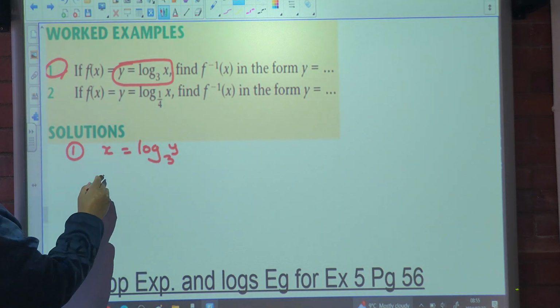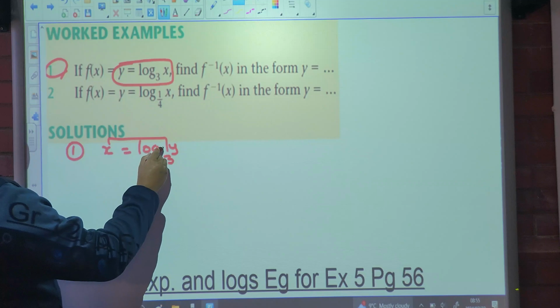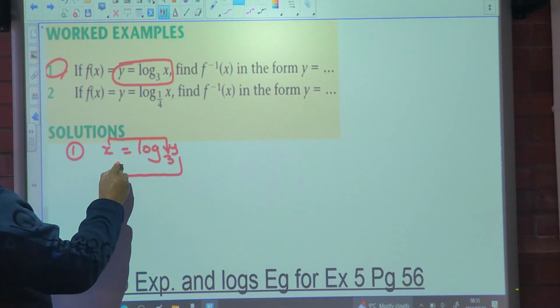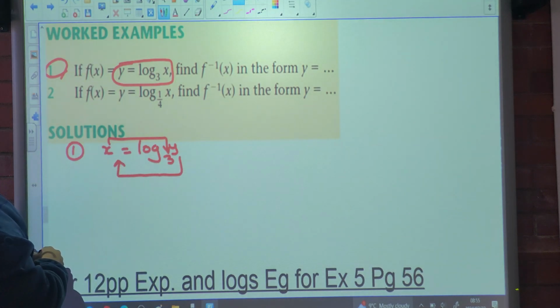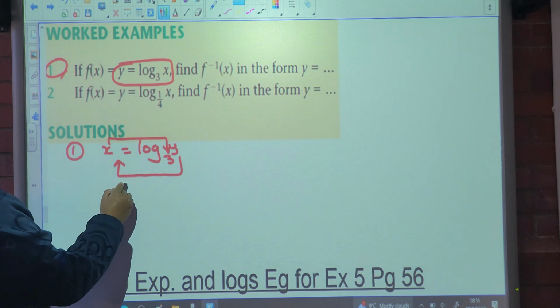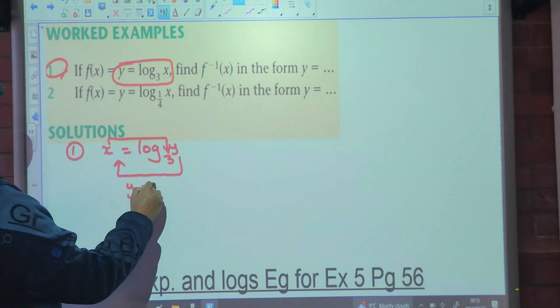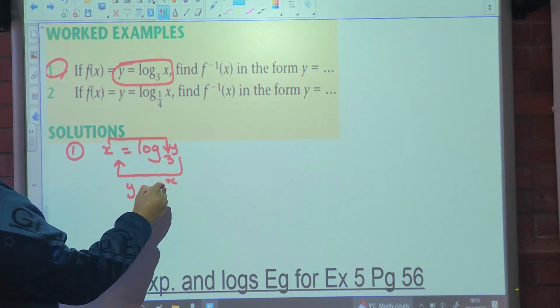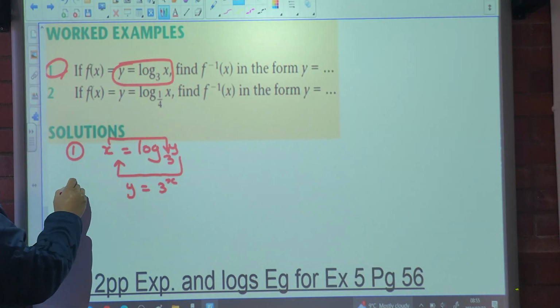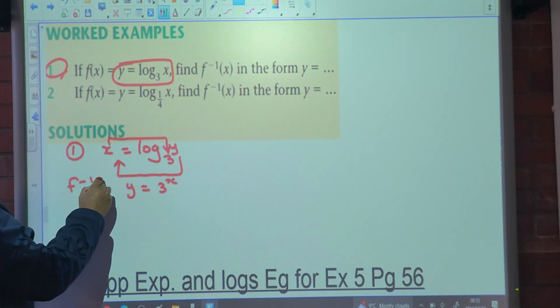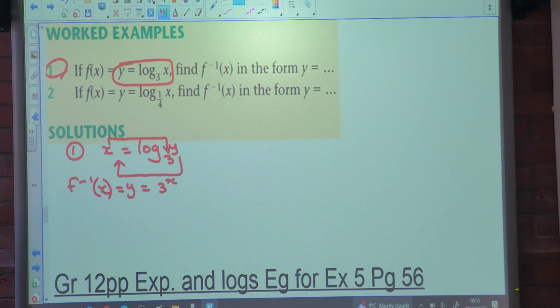The 3 goes to the other side and y goes on its own. So therefore y is equal to 3 to the x, and this is the inverse of f of x. That's fairly simple, no? Let's look at number 2.